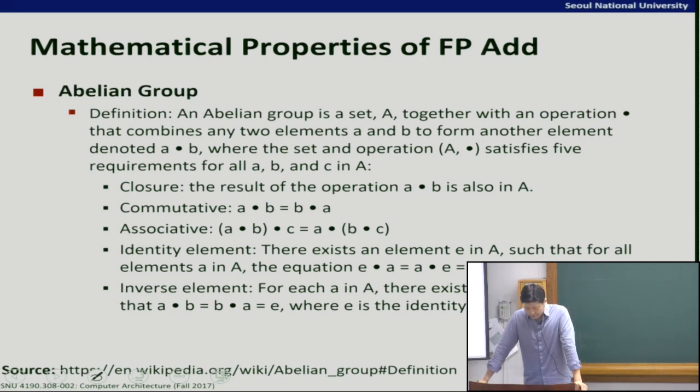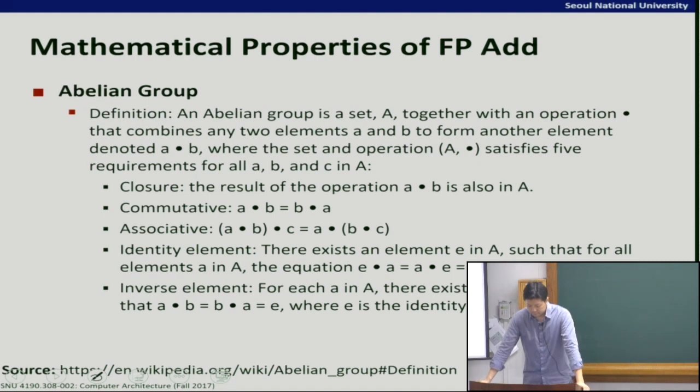The definition of an abelian group is a set, in this case the set will be all possible numbers that can be represented using a floating point representation, right? That will be the set, together with some operation dot. Let's say the operation is dot that combines any two elements A and B to form another element. It's a function. This dot takes two elements in the set, and maps them to a third element.